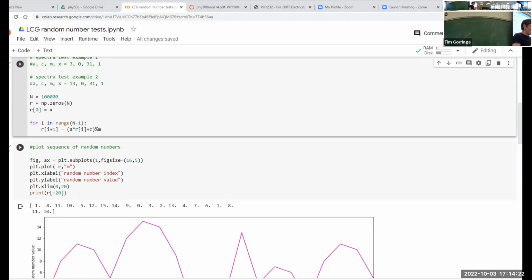If we're going to use larger values of n, we're going to need some more statistical ways of looking for flaws or evidence of non-randomness of our random numbers.